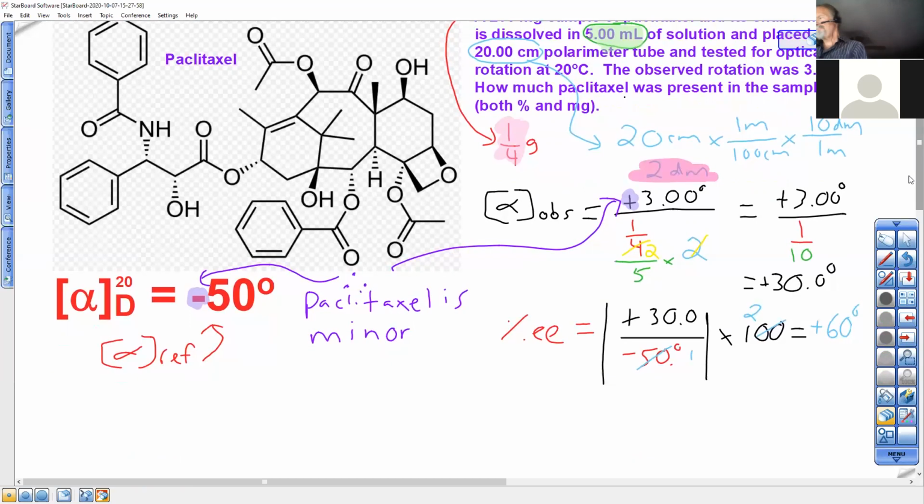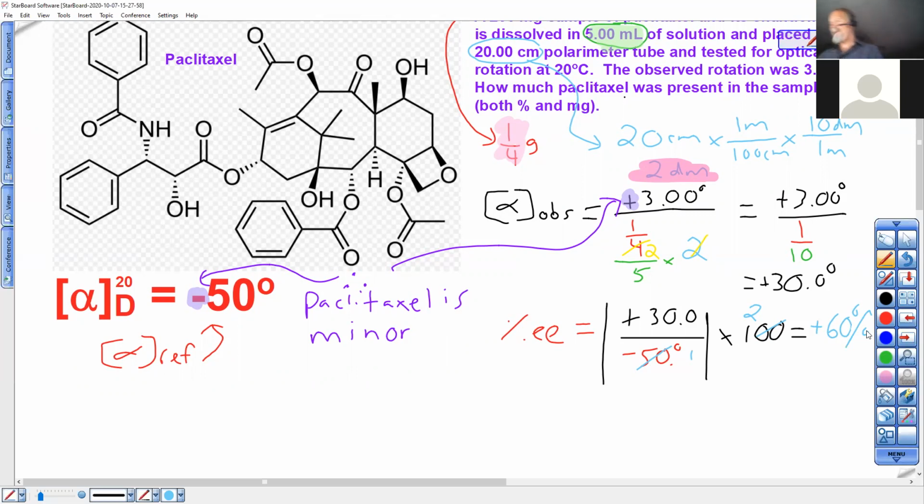Okay. So we already figured out which was major. So we have 60, that's not degrees. Quickly make that into, that says 60 degrees. That's crazy. 60%. Okay, we have 60% more of the enantiomer than paclitaxel.